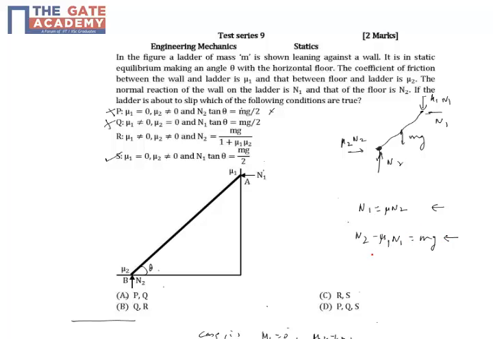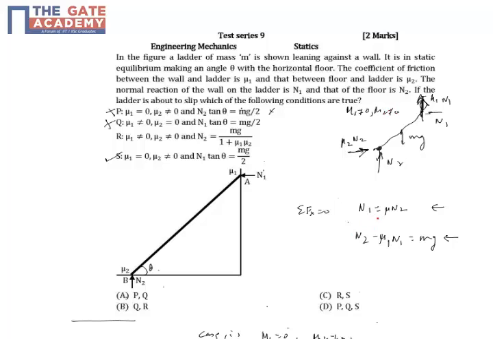As the ladder tries to slip because of its weight, this point will go upward, so you have friction towards the left, and the other point moves downward, so friction will be upwards. Remember we are considering the third case where both are not 0.